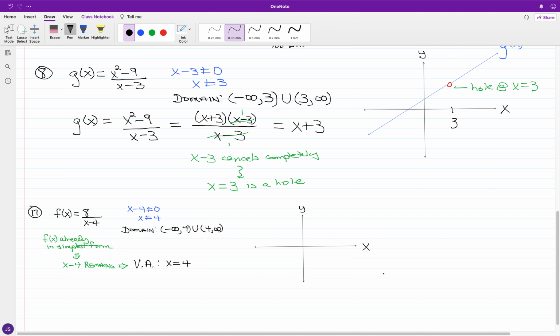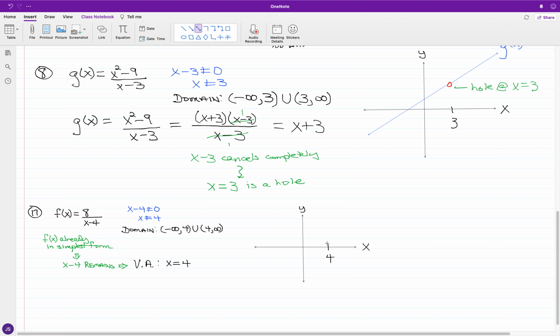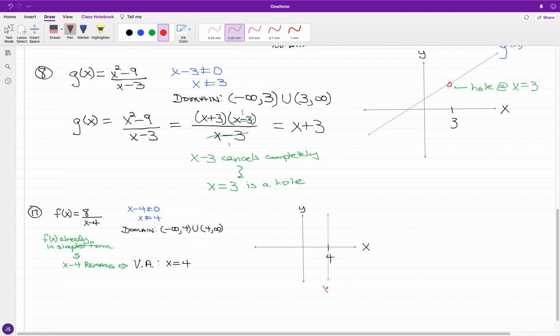And this time we have the graph of the function. We have a vertical asymptote at x is equal to 4. And in terms of the graph of f of x, this can be divided up into 2 sections.